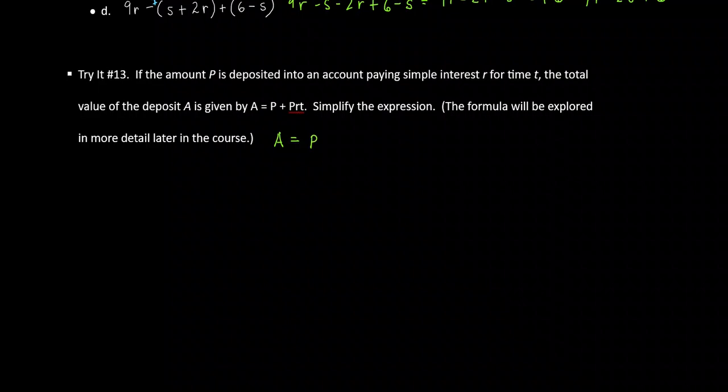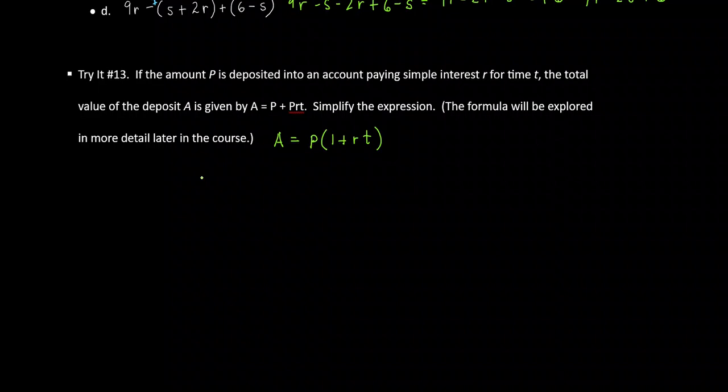It's factored out, the reverse of the distributive property, and it equals P times (1 plus RT), because P times 1 gives P, and P times RT gives PRT. It's important to be able to recognize it either way in these finance and interest type problems.